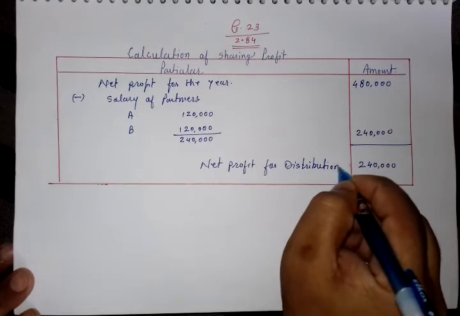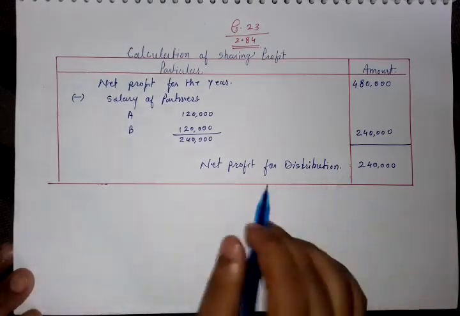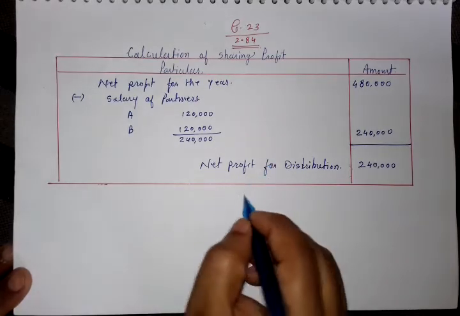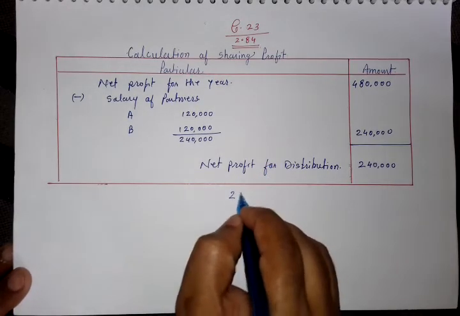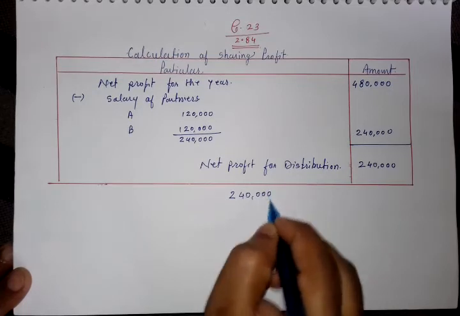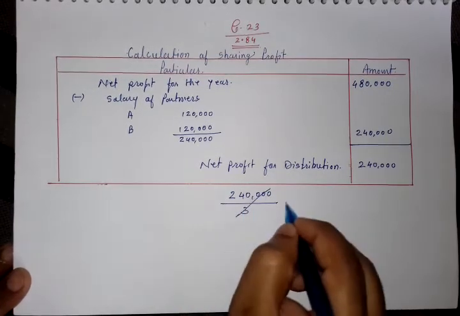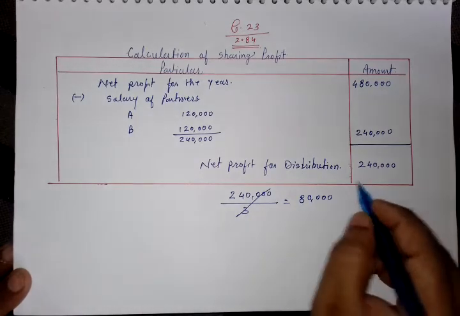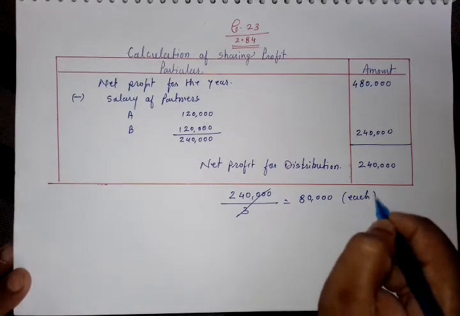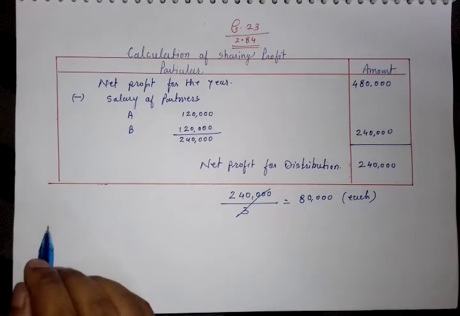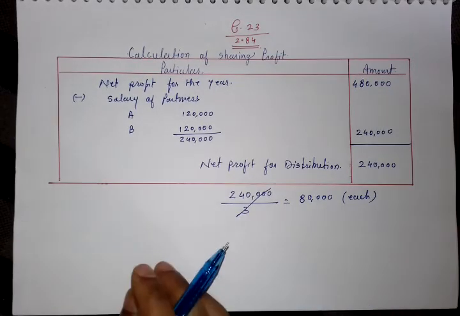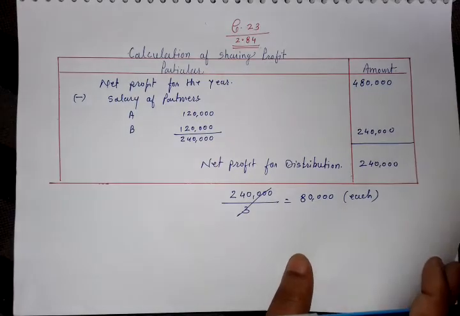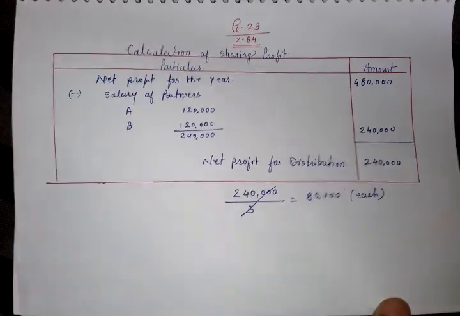We are having 2,40,000 rupees for distribution among three partners. So 2,40,000 divided by 3, and we are having 80,000 rupees for each partner. It means A, B and C will have 80,000 rupees each. Okay, that is clear.